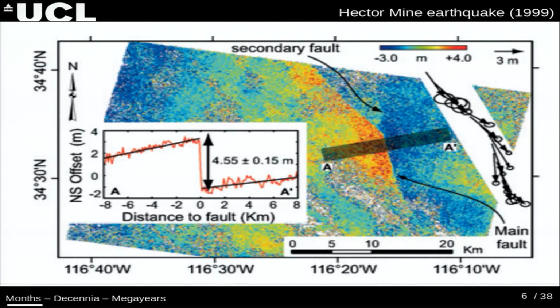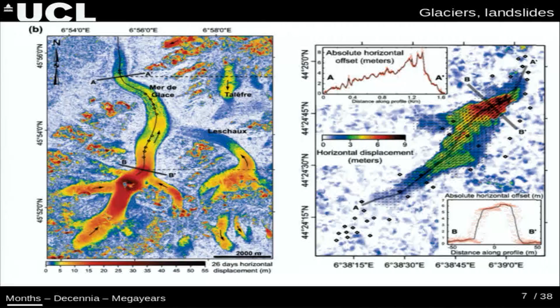Originally, this technique was developed to measure the displacement associated with earthquakes, but it was quickly realized that the tool has lots of applications in other fields of the earth sciences as well, such as, for example, the movement of ice in glaciers, such as this Mer de Glace in France, where COSI-Corr has been applied to 2 SPOT satellite images that were taken just 26 days apart.